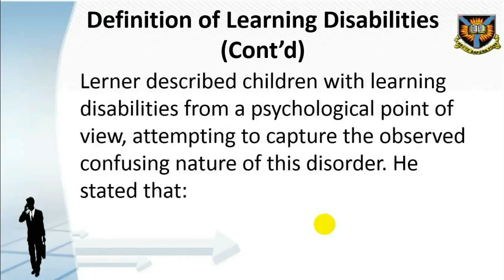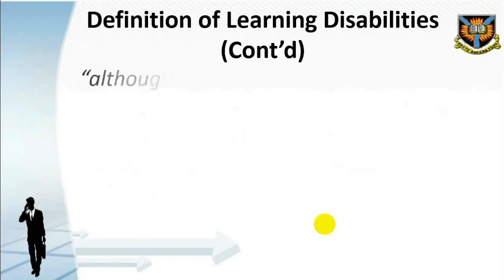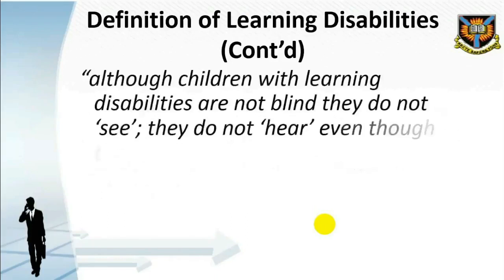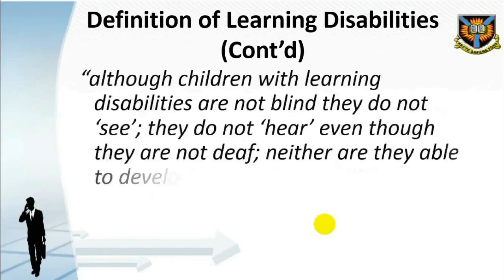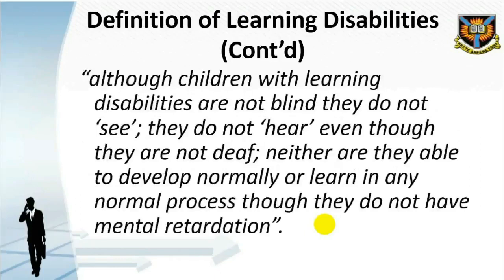Lerner described children with learning disabilities from a psychological point of view, attempting to capture the observed confusing nature of this disorder. He stated that although children with learning disabilities are not blind, they do not see, they do not hear, even though they are not deaf.